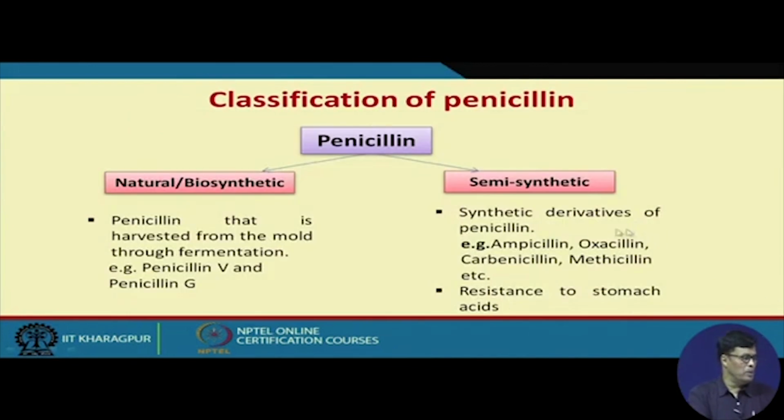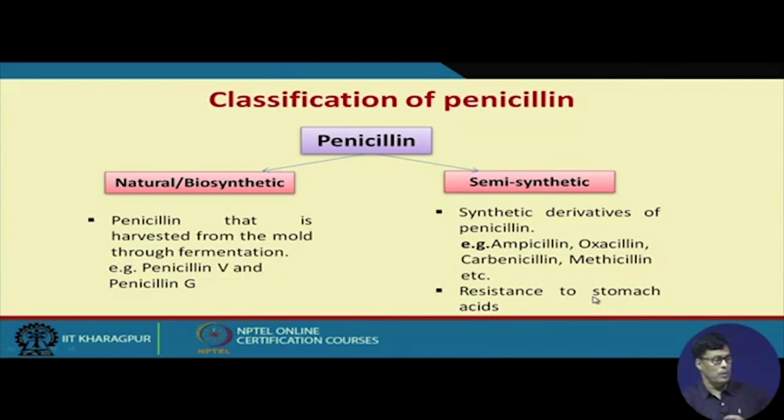So we have the classification of penicillin. We have the natural or biosynthetic way: the penicillin that is harvested from the mold through fermentation we consider natural or biosynthetic, penicillin G and penicillin V. And then semisynthetic penicillins, derived from penicillin, because we make some kind of chemical alteration to get ampicillin, oxacillin, carbenicillin and methicillin, etc., which are resistant to stomach acid.